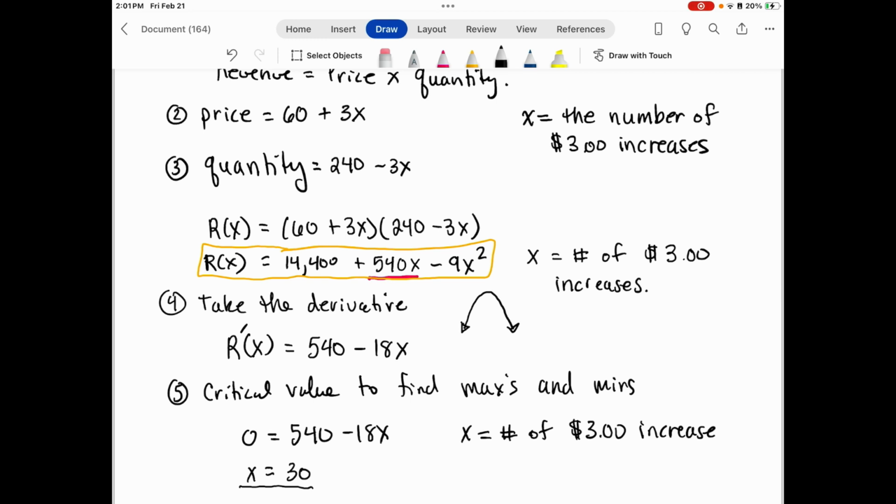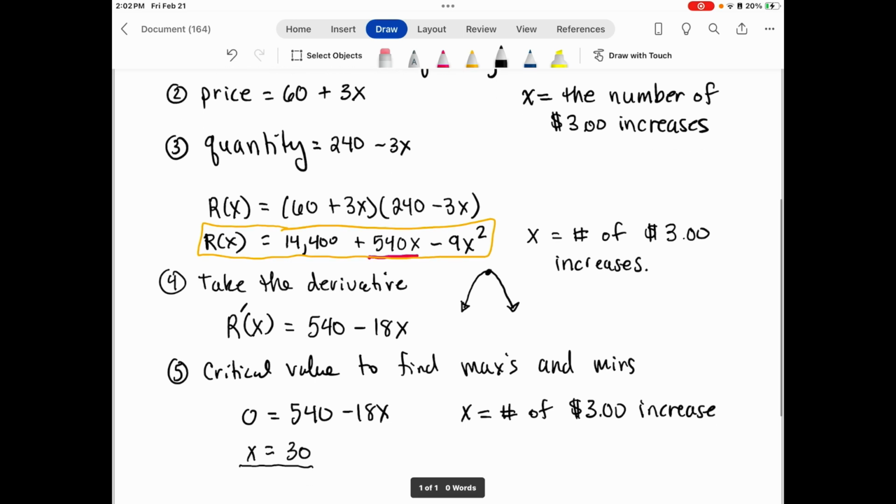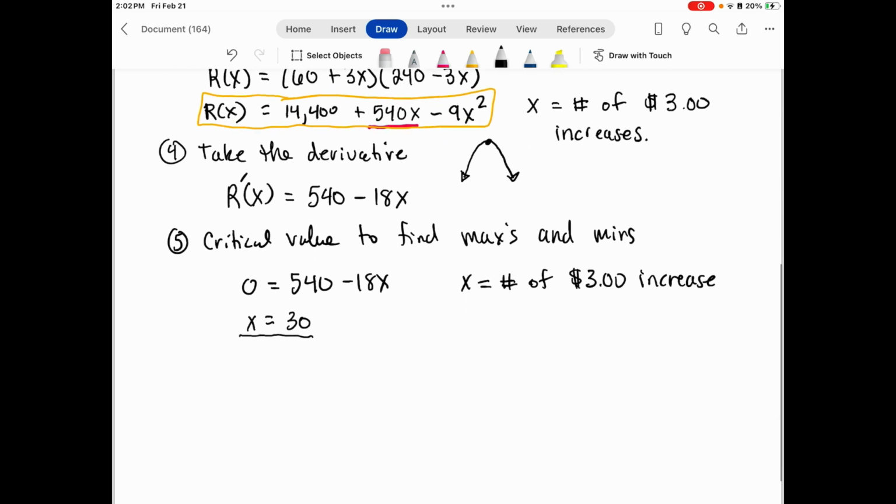And the relative maxes and mins here, the only one that's available to us is a maximum at that vertex. Now, if you didn't pick up on that, remember the alternative is that you can use the second derivative test to determine if it's on an interval that's concave down or concave up, which would then give you the information you need to decide if it's a maximum or a minimum.